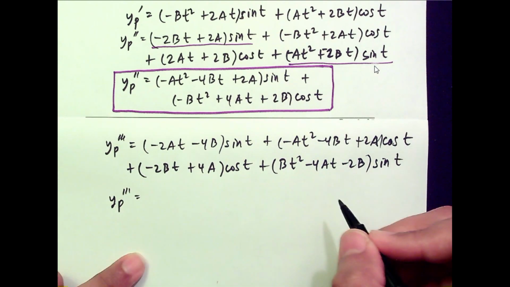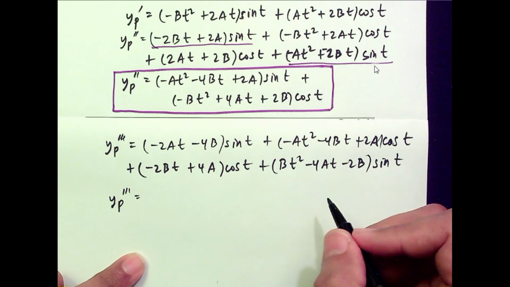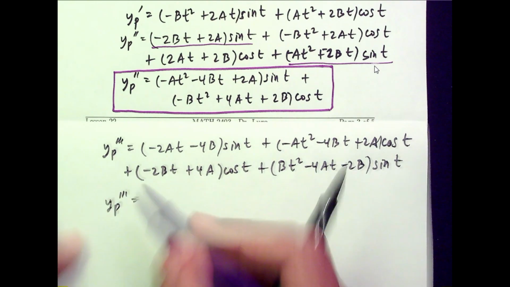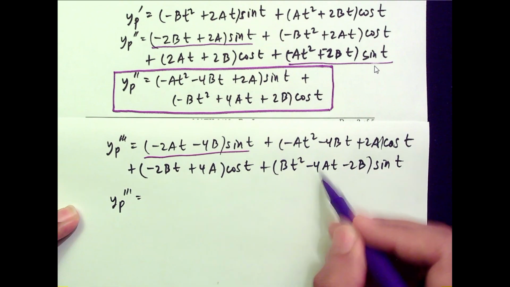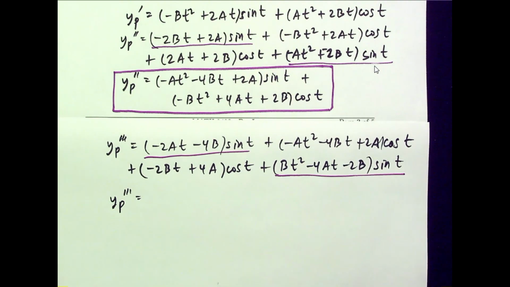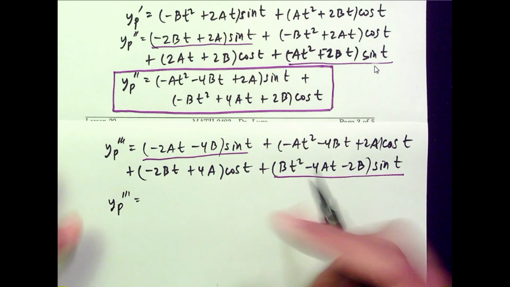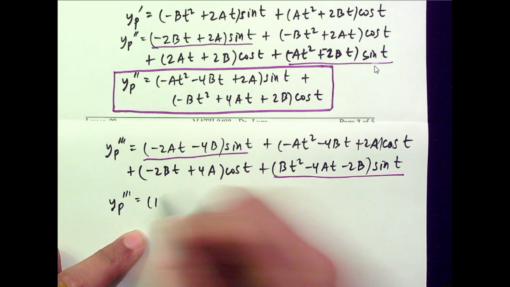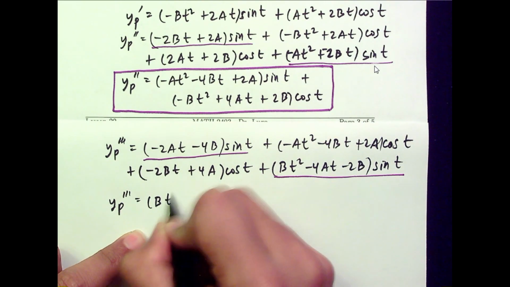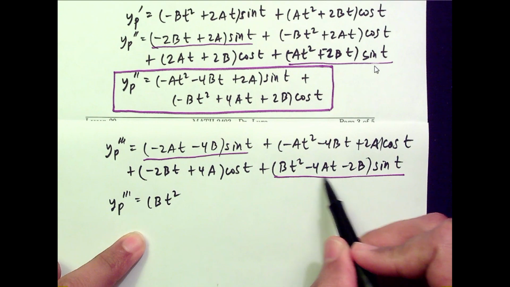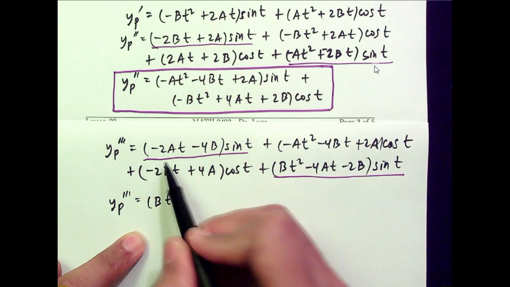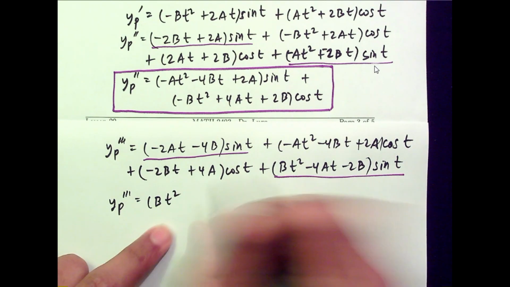And now let's combine the sines and the cosines. These are the sines, those are the sines. So combining the sines, starting with the highest exponent, b t squared, you have negative 4at and negative 2at, that's negative 6at.